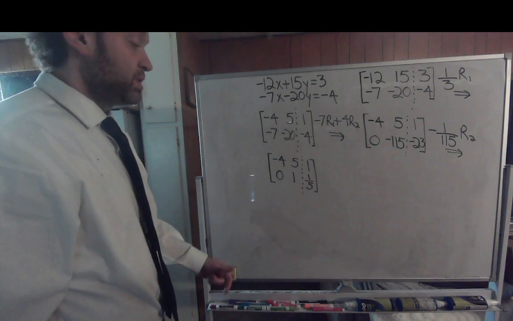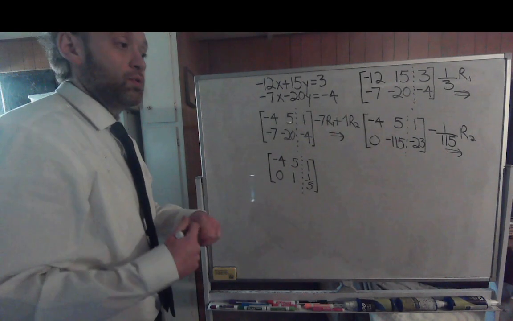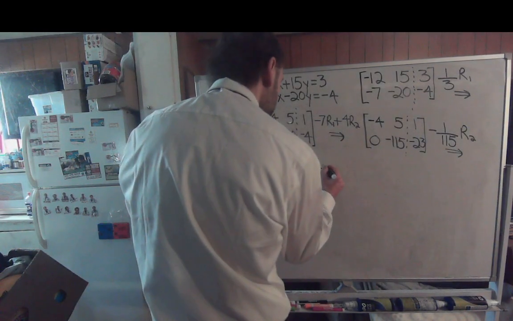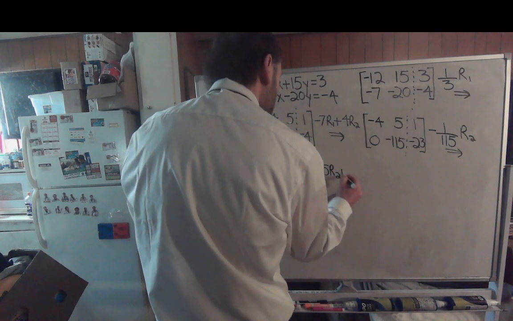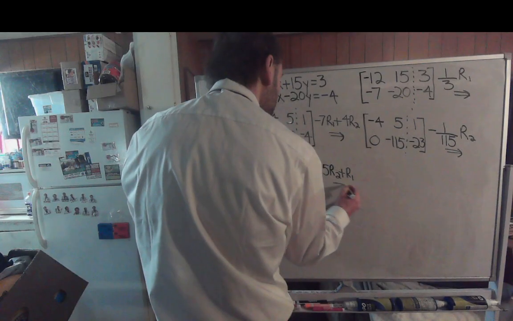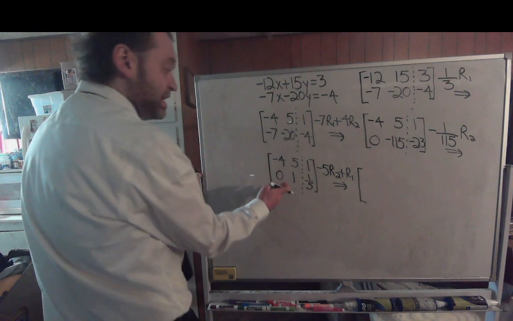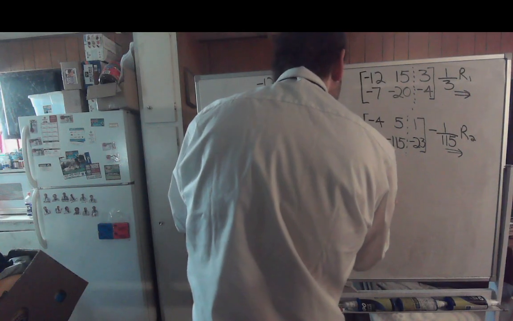The next goal is going to be to make that second digit in row 1 also 0. Well, if I take negative 5 times row 2 and add that to row 1, I can make that happen. So, alright, negative 5 times 0 is still 0, plus negative 4 is negative 4.